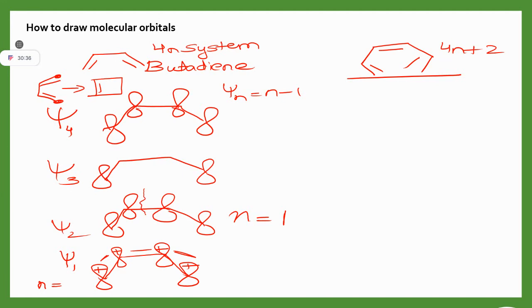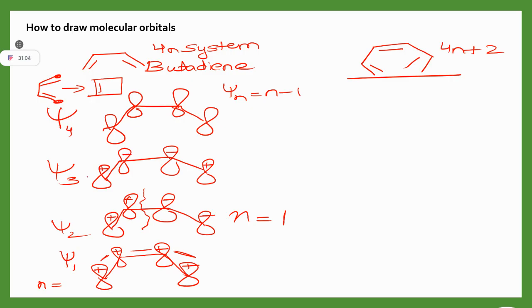So only one possible location where we can put this node is this. For that, they should be different orbitals. But here there should be no node, so same. And here positive, positive, correct? In the psi 3 case, it will be positive, negative, negative, positive.